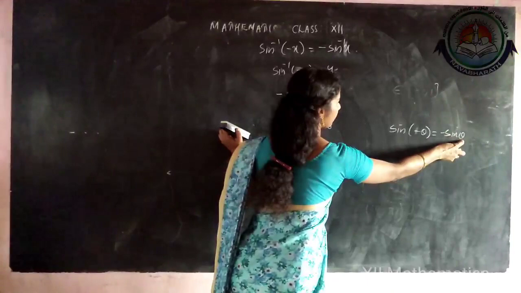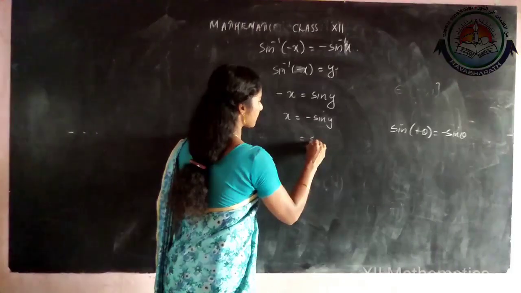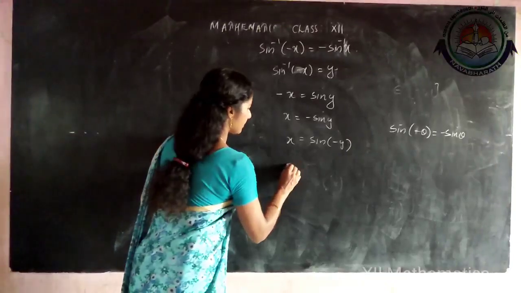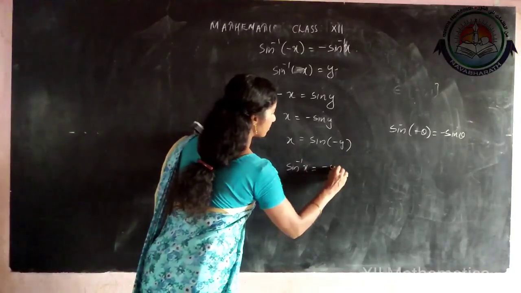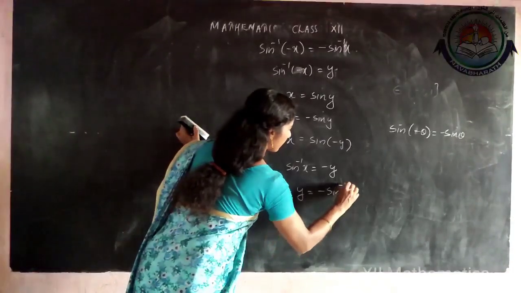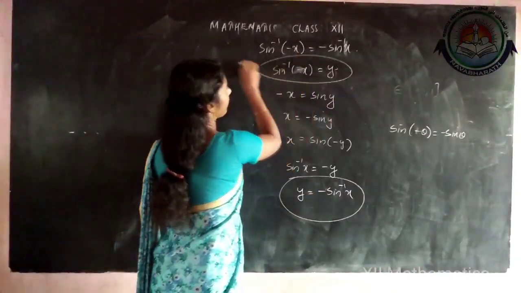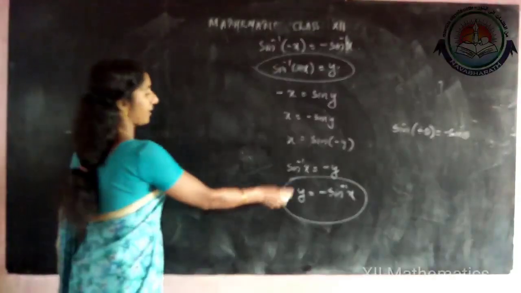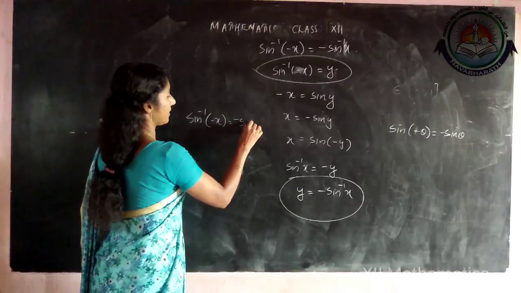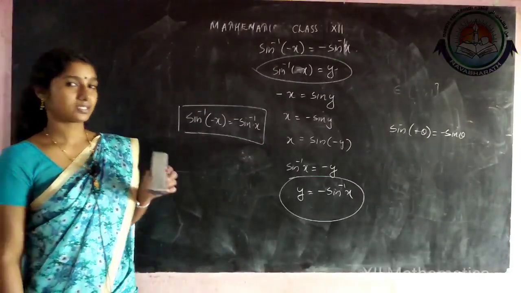So, here minus sine of y, I am writing sine of minus y. Then sine inverse of x is equal to minus y. So, y equal to minus sine inverse of x. So, we got y equal to minus sine inverse of x and y equal to sine inverse of minus x. Comparing these two, we get the property sine inverse of minus x is equal to minus sine inverse of x. Similarly, we will give the proof for the next two also.